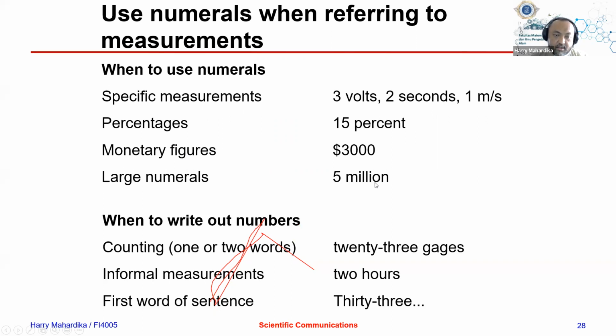When to write out numbers: for example, counting one or two, 23 gauges, or 20 degrees, informal measurement like two hours, and the first word of a sentence. We don't put numerals at the front of a sentence, so we use words instead.